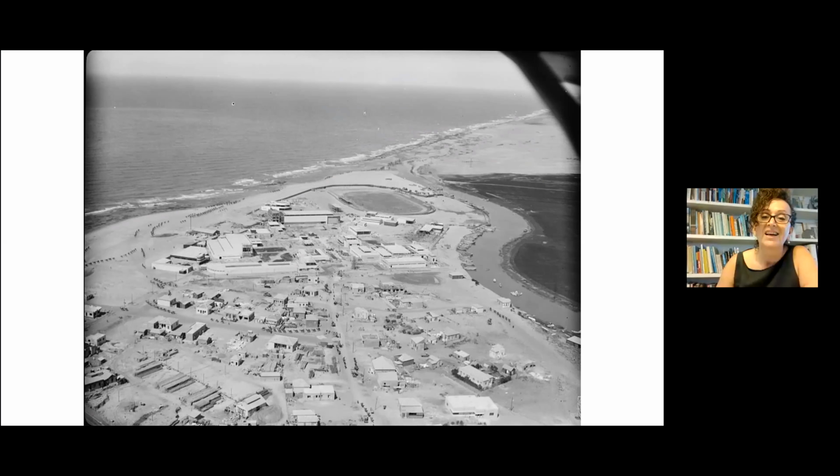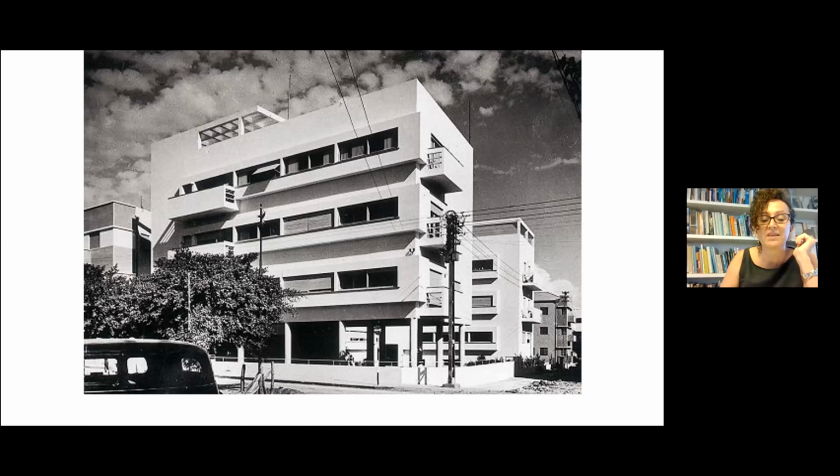In many ways, it was also part of the whole pioneering experimental spirit that characterized the urban lab of the international style in Tel Aviv, that maybe Jeremie will talk about later, but it's probably the most inspiring aspect in our heritage.